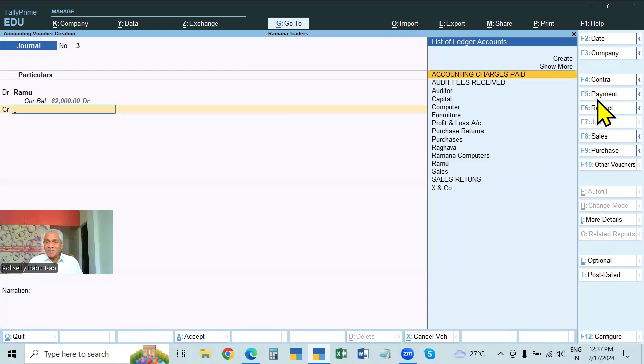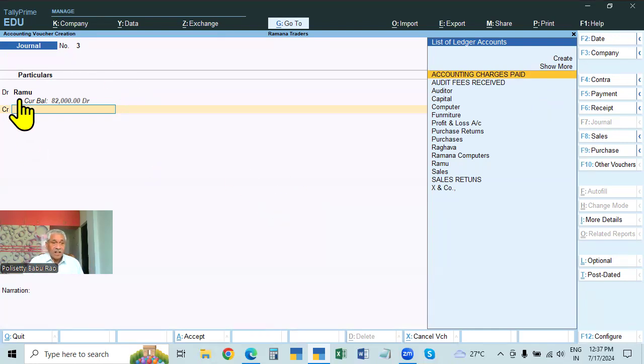Payment in cash or by check, we enter in the payment voucher. When you receive cash or by check, we enter in the receipt voucher. But in the journal, only non-cash transactions will be entered. So cash or bank will not be visible.